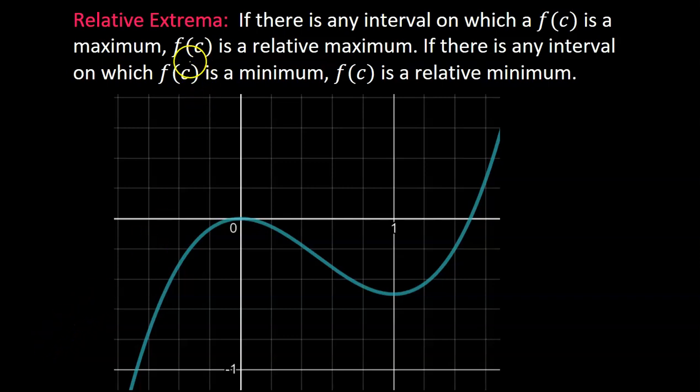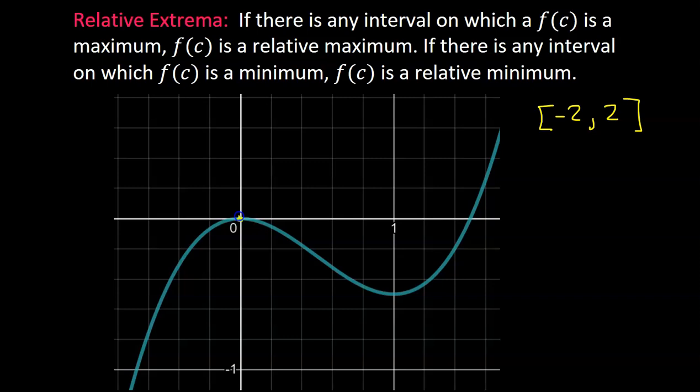Let's talk about relative extrema. If there is any interval on which f at c is a maximum, then f at c is a relative maximum. If there's any interval on which f at c is a minimum, f at c is a relative minimum. Consider the closed interval from -2 to +2, which includes everything you see here.